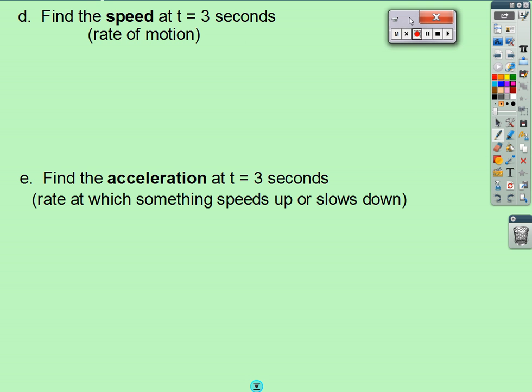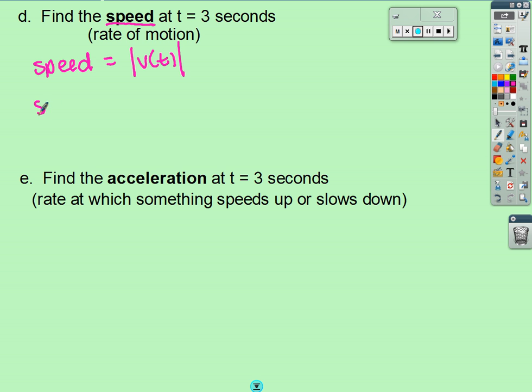Next, we're going to find the speed. Speed is different than velocity. Speed is the actual value. Speed does not indicate direction. As I said, velocity has magnitude and direction, but it still has those same units that we want for speed. So speed, in fact, is equal to the absolute value of the velocity.